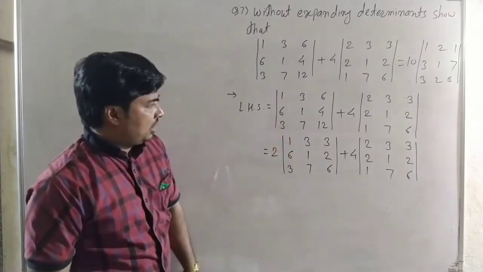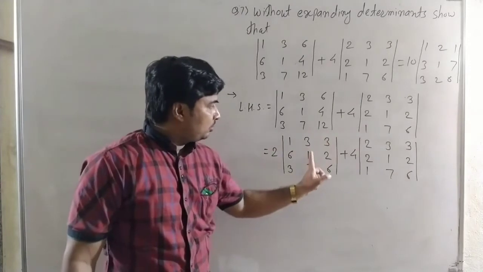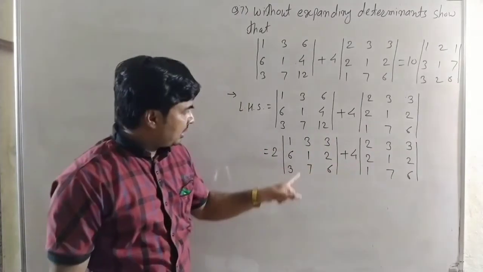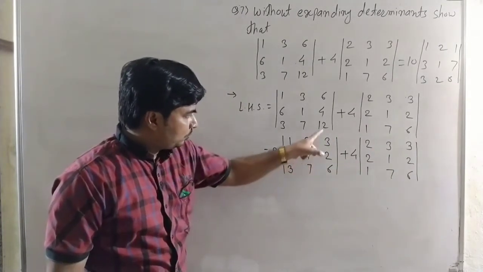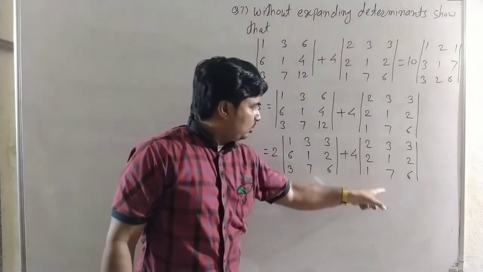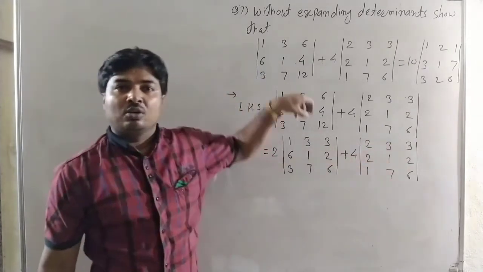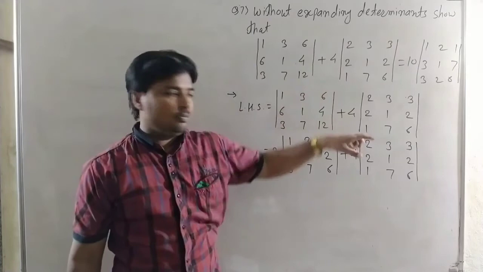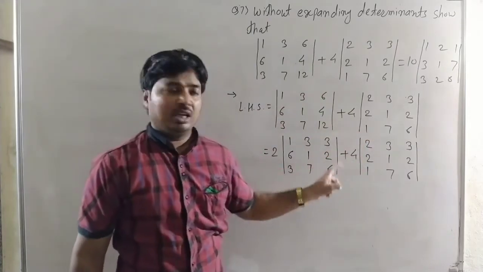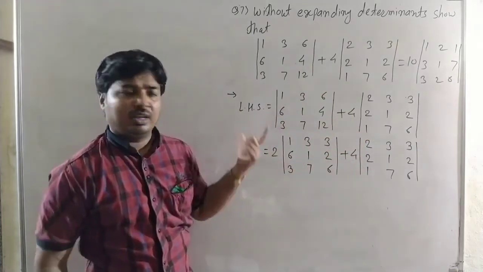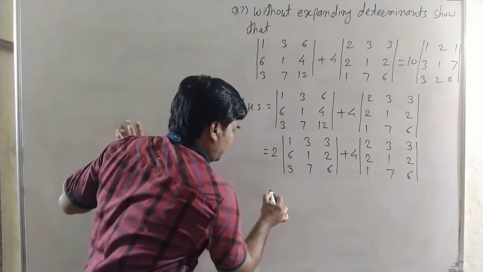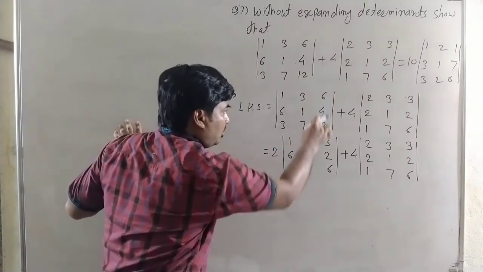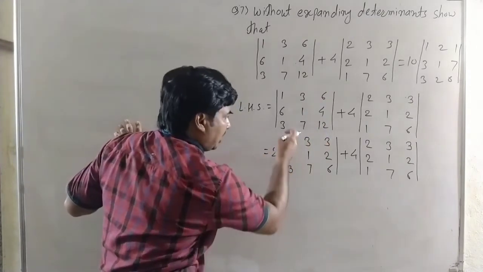Now observe that in these two determinants, column 2 and column 3 are the same. Column 2 and column 3 are the same in both determinants, only column 1 is different. Here column 1 is different, so we can take the common element from column 3 and multiply the column 1.